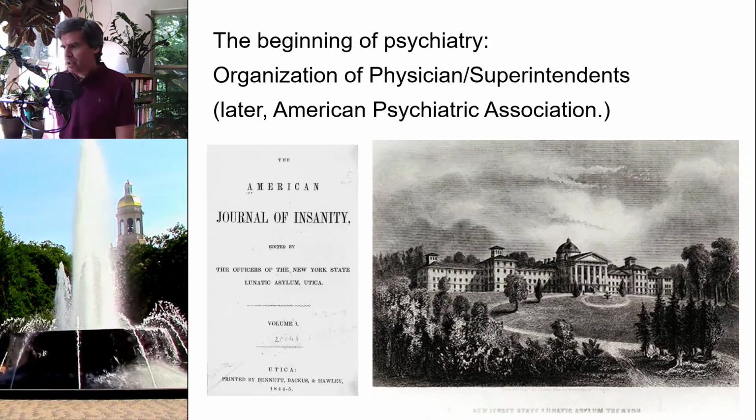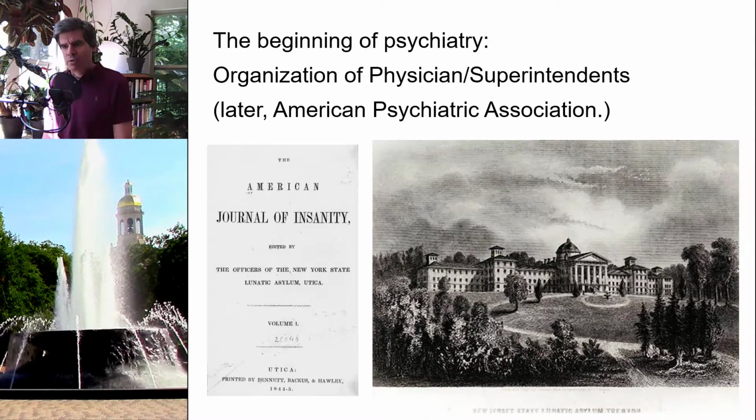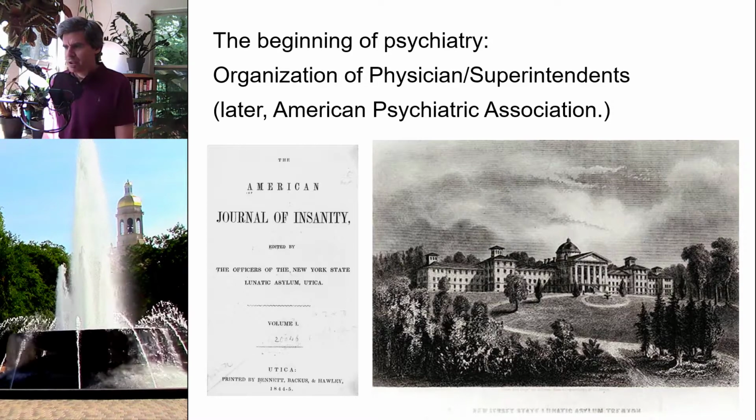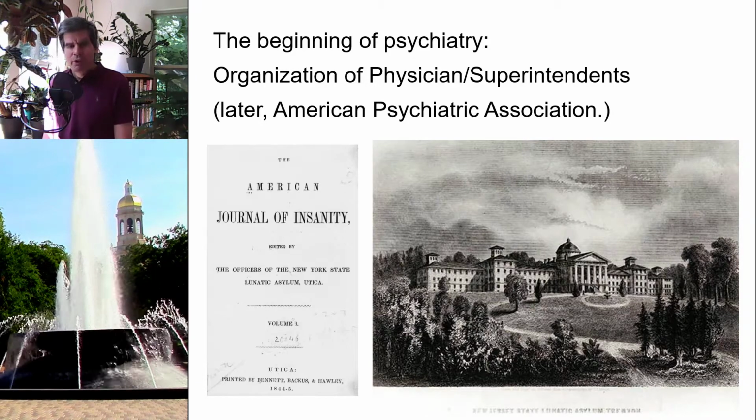That picture was actually in that first issue of the Journal of Insanity. And later on, the Organization of Physician Superintendents would change their name, and that would become the American Psychiatric Association eventually. So 1844 is essentially the beginning of psychiatry.